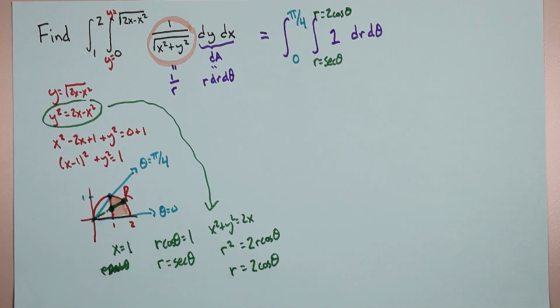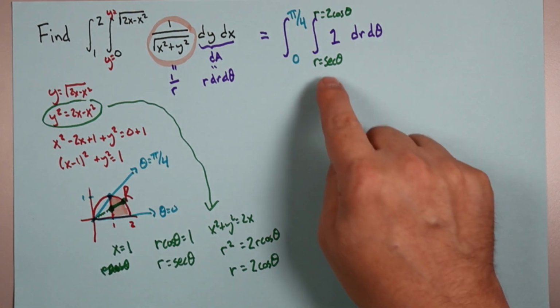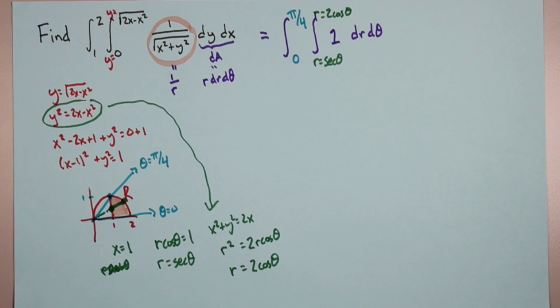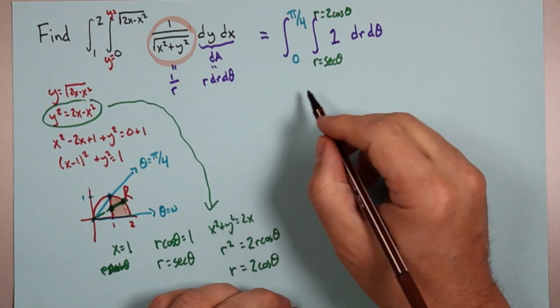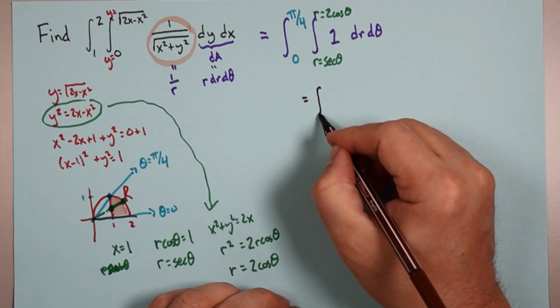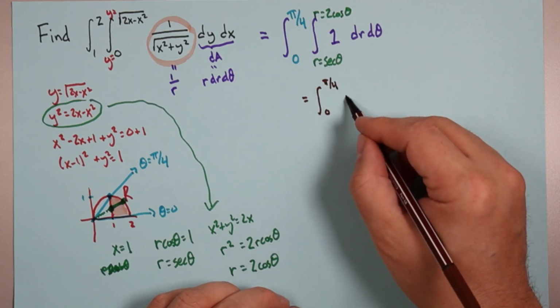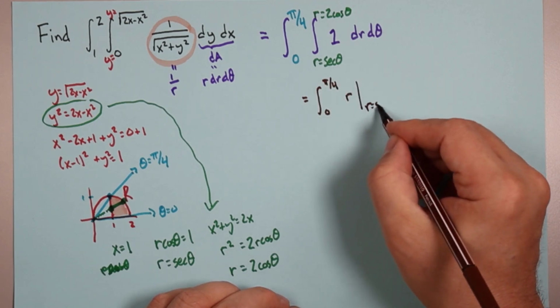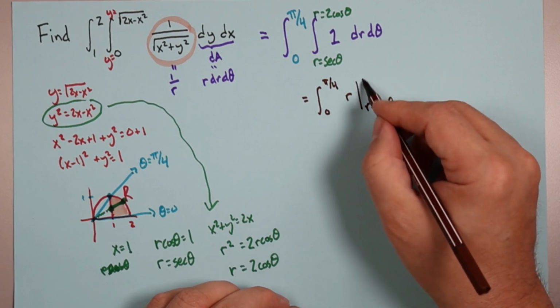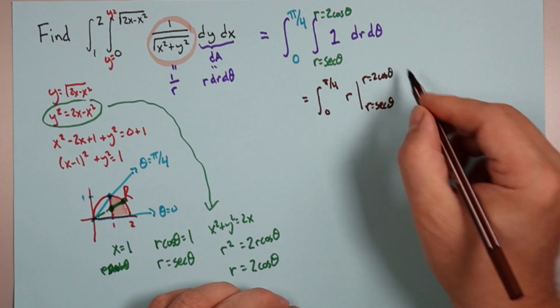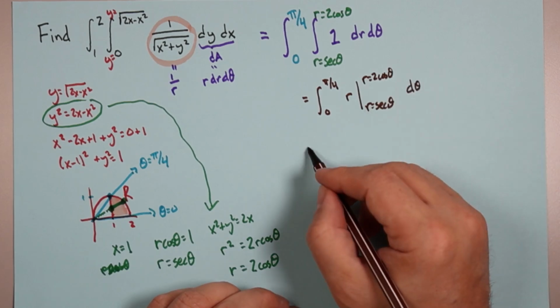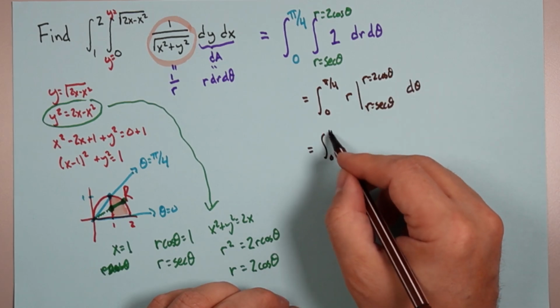All right, now we cannot split this integral up because we see functions here, which is great. It's nice to not be able to do everything. So what do we have? Well, when we integrate 1, we get r. And we're going to evaluate from r equals secant theta to r equals 2 cosine theta, d theta. Well, that's easy enough to plug in.